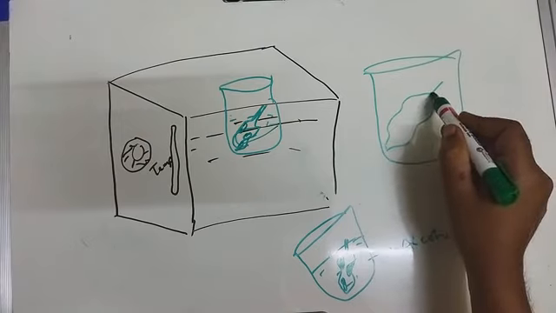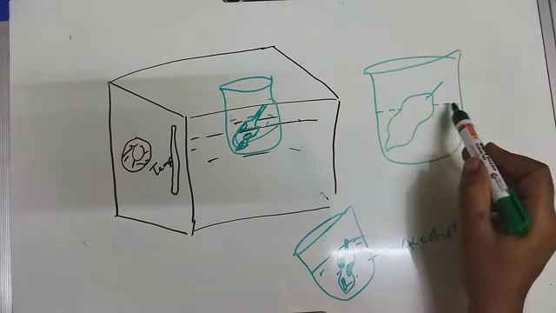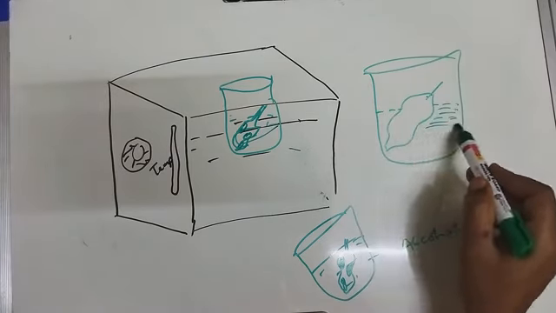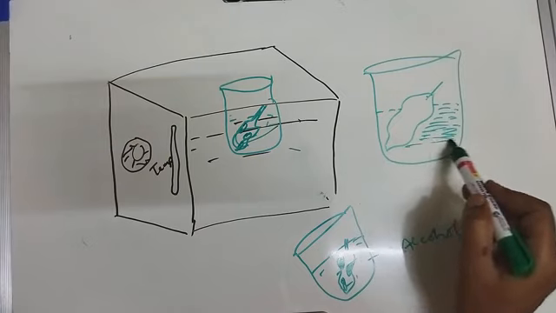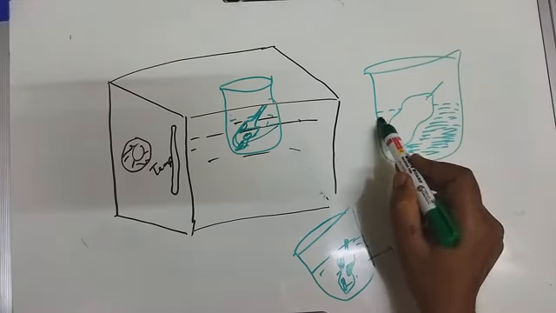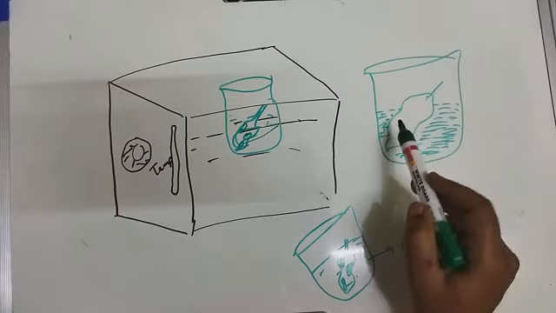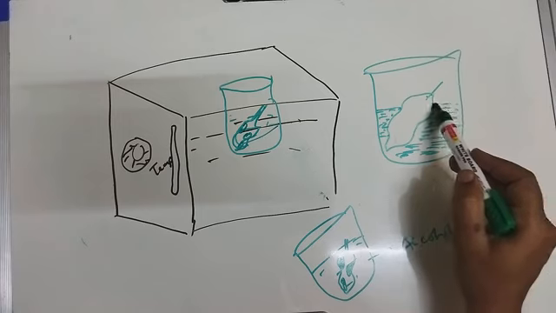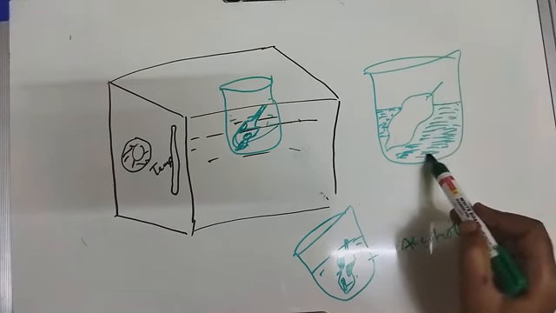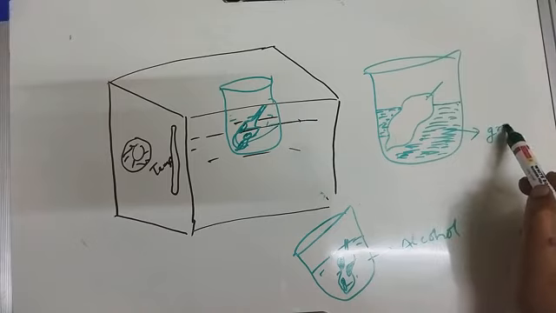Means the green color of the leaf will be completely lost, because chlorophyll is an organic solute and alcohol is an organic solvent. So as the chlorophyll dissolves in boiling alcohol, the solution turns green.